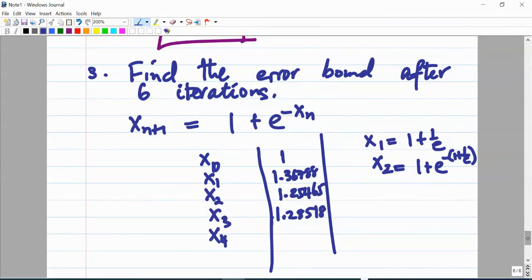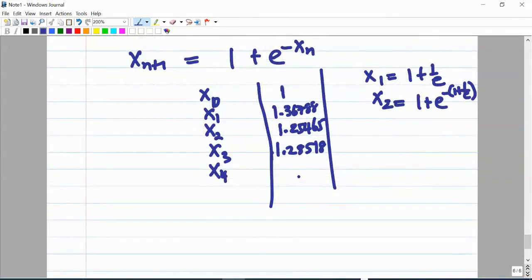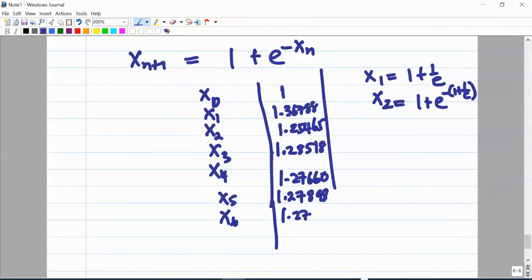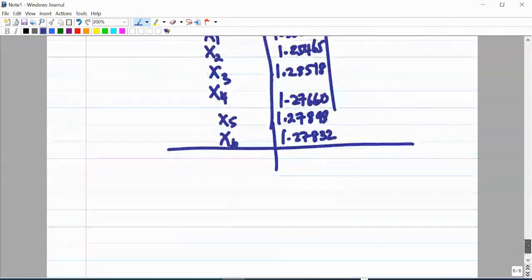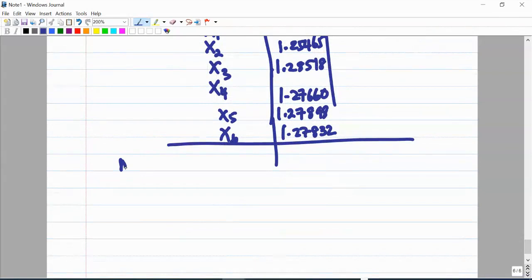X4 will give you 1.27660, and then X5 will be 1.27898, and then X6 is 1.27832. Okay, so after 6 iterations, n is equal to 6.